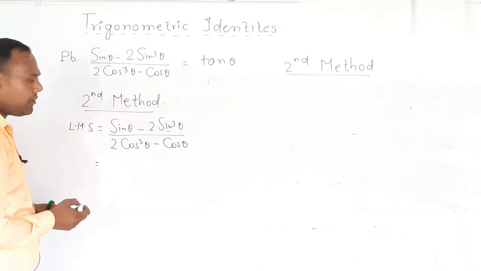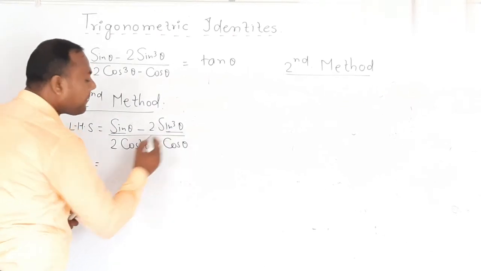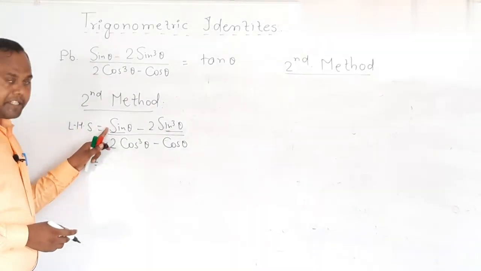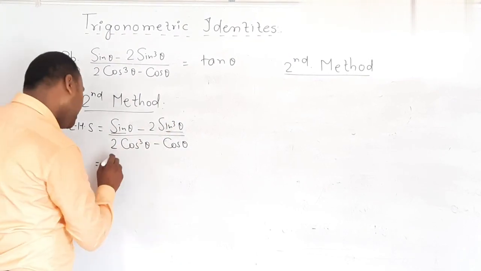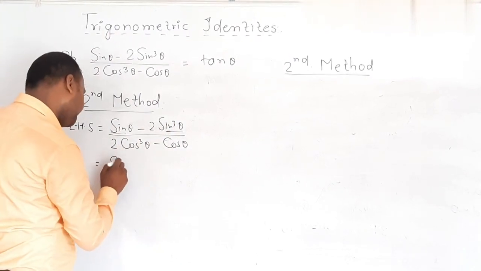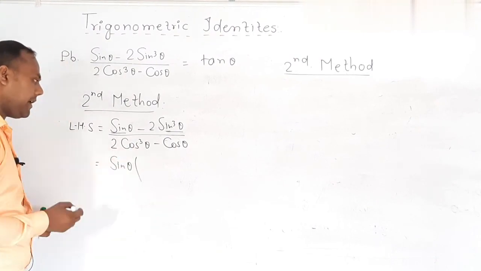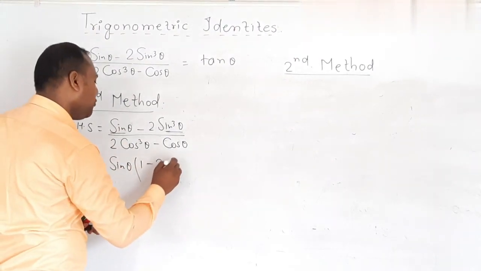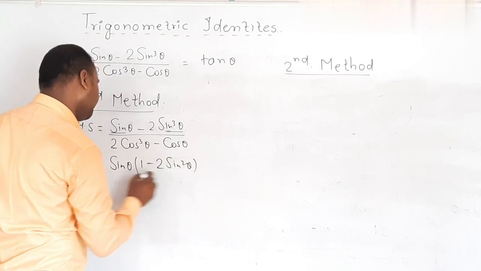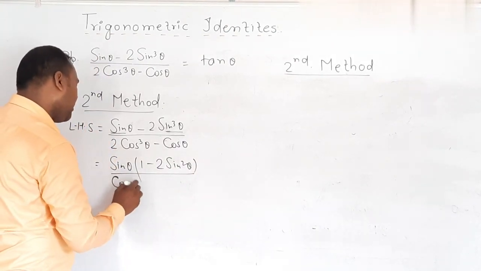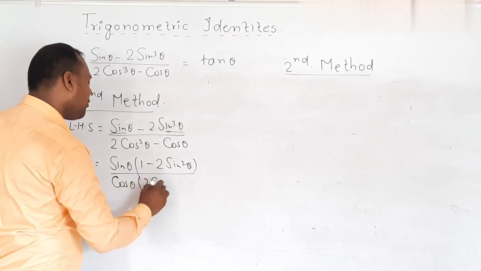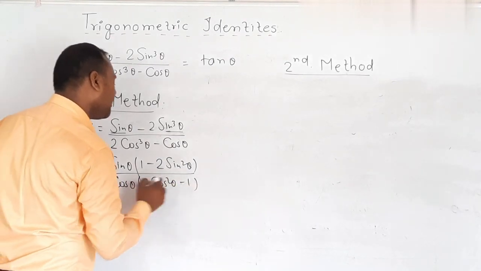After taking common, sin θ is the common part, because here will be sin θ and minus 2 sin³θ. Here is the power cube. That means we have to take sin θ as a common part. That means 1 minus 2 sin²θ. And here cos θ is the common part. That means 2 cos²θ minus 1.